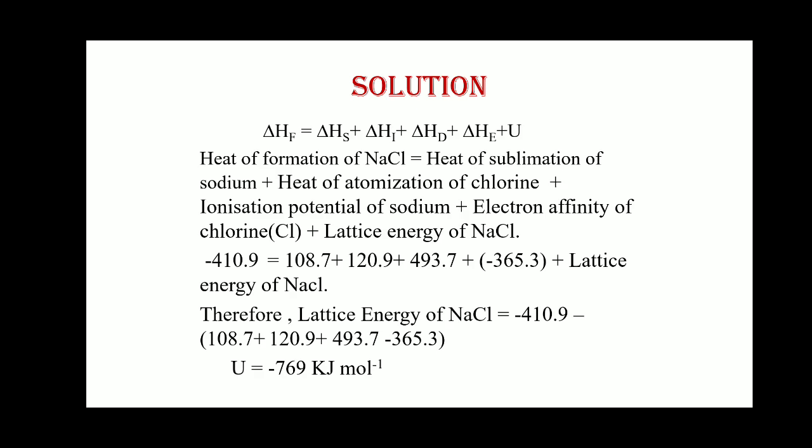These are the various energies used to form the product by a number of steps, by the alternate method. That is, delta HS is the heat of sublimation, delta HI is the ionization energy, delta HD is the heat of dissociation, delta HE is the heat of electron affinity, and U is the lattice energy. Now here we have to find U, that is the lattice energy.